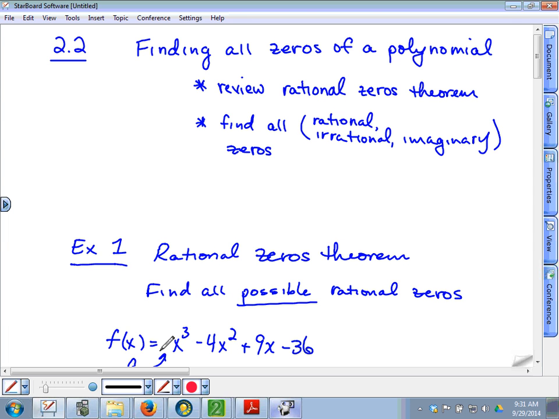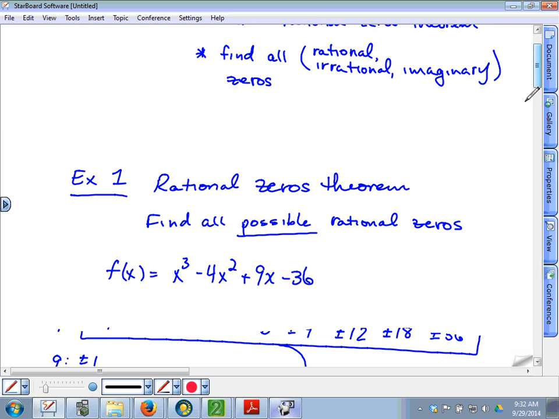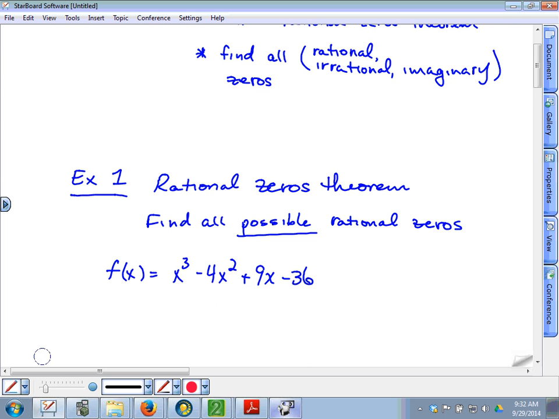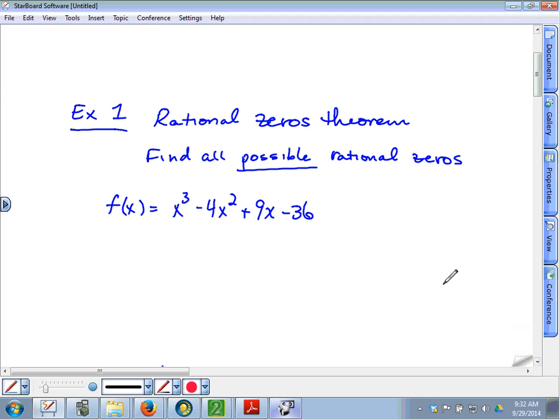F of x is x to the third minus 4x squared plus 9x minus 36. It's just that P and the Q stuff. We did this a couple of days ago.